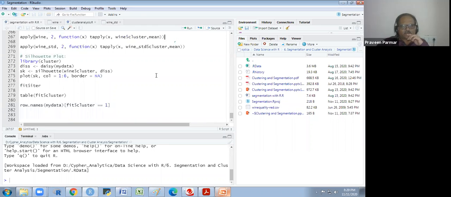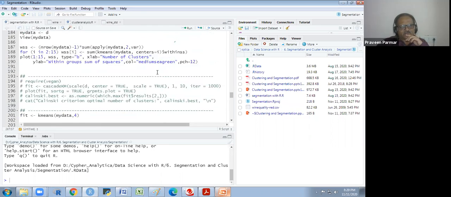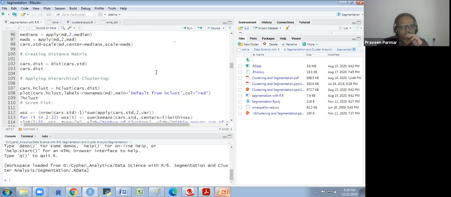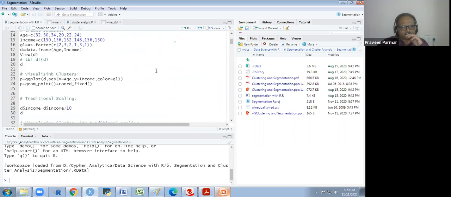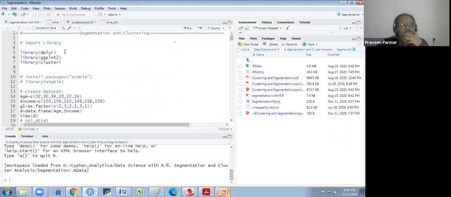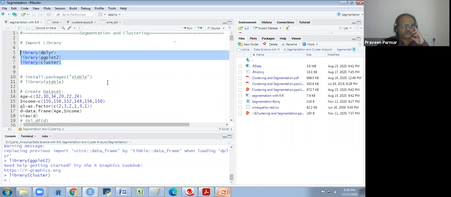Just a moment, I decide which script I should start with. I will start with the segmentation clustering script. I'm using the dplyr, ggplot2 and cluster libraries. You have to install the cluster library. Dplyr and ggplot you are already aware of.